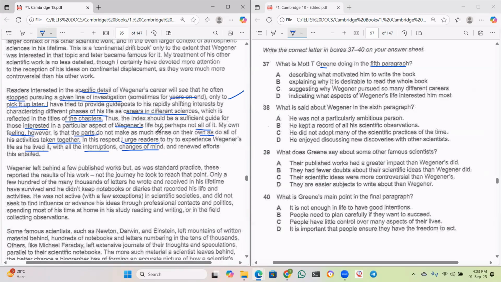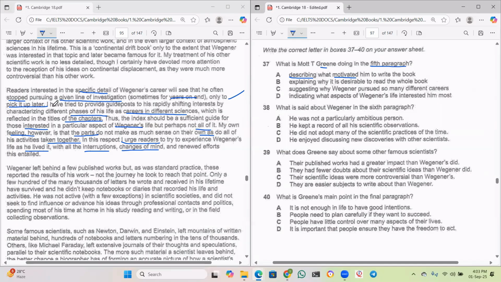So, yes. Now, what is he doing in the fifth paragraph? Describing what motivated him to write the book. Is he describing anything? This is the keyword. What motivated him to write the book? Did we read about that? Let us see. Did he talk about his motivation? Readers interested will see that often stop pursuing.